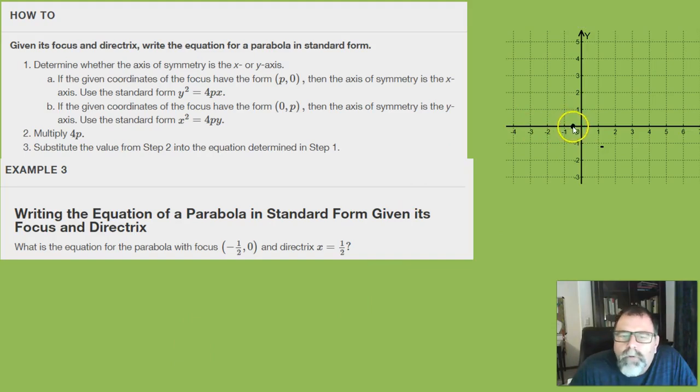So that's my focus. And then my directrix is x equals 1/2.